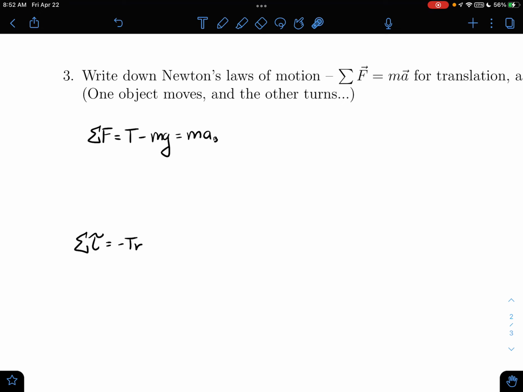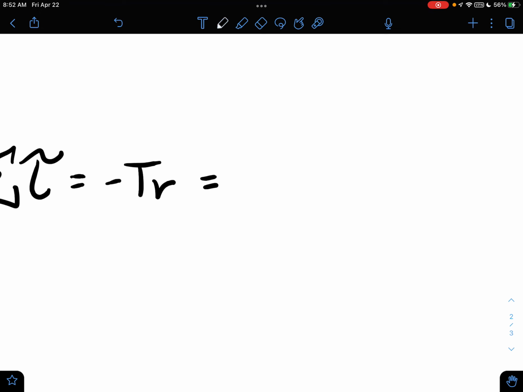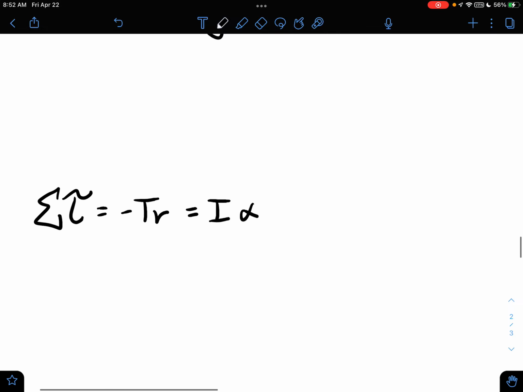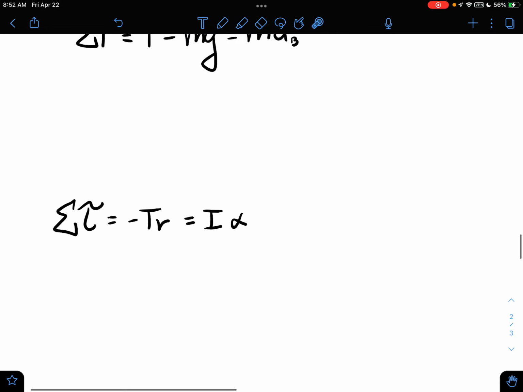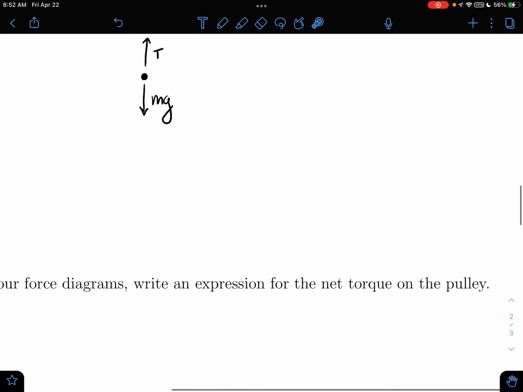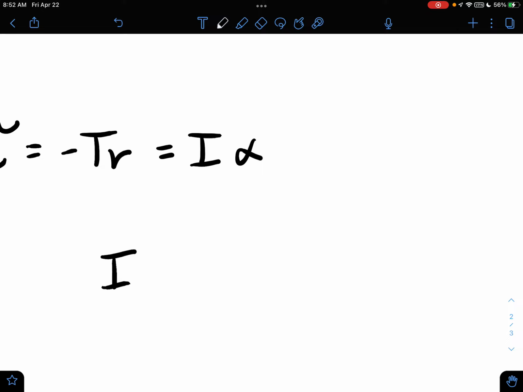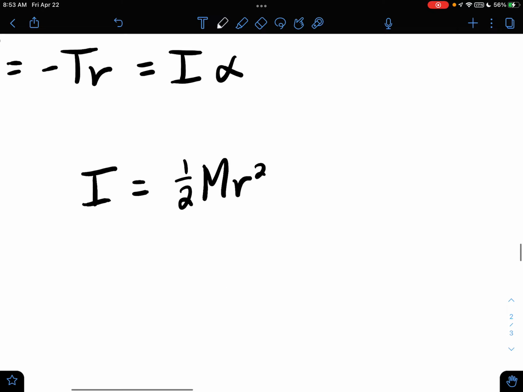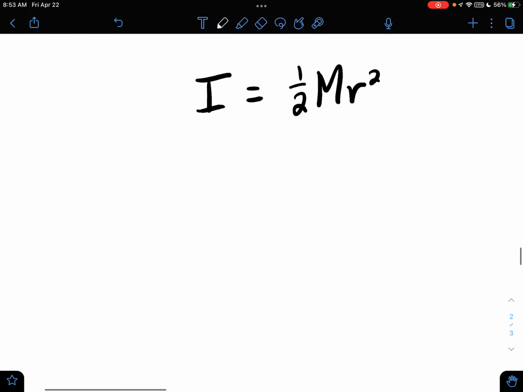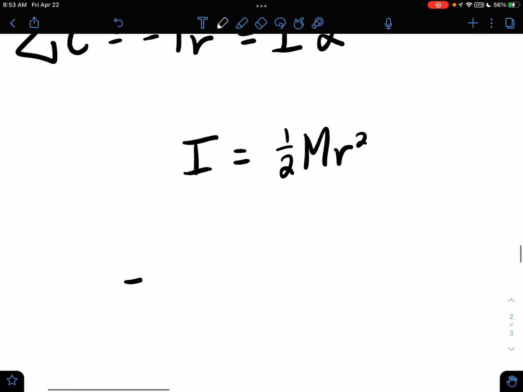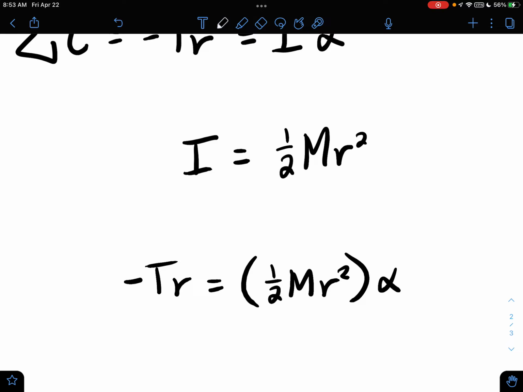There's our torque on the pulley, and that has to equal I alpha. And right, our I for a solid cylinder, we're given that it's a solid cylinder up here, I is going to equal 1/2 big M R squared. Okay. Again, I'm just going to plug this in to make my life easier for right now. Negative TR equals 1/2 M R squared times alpha.